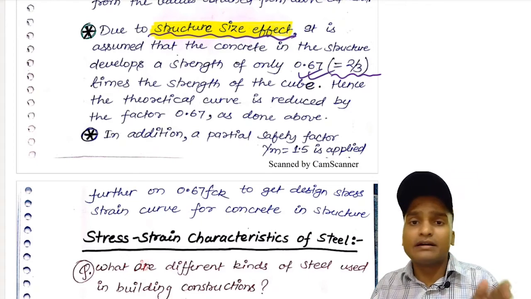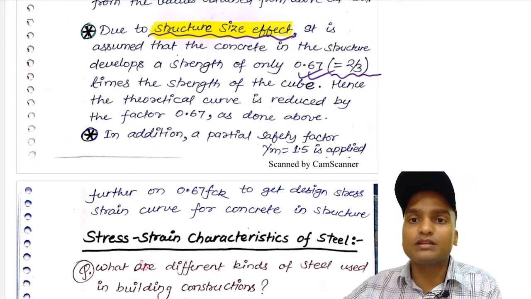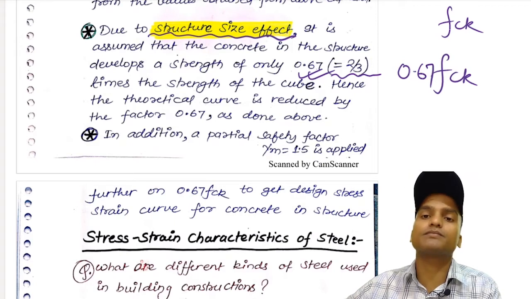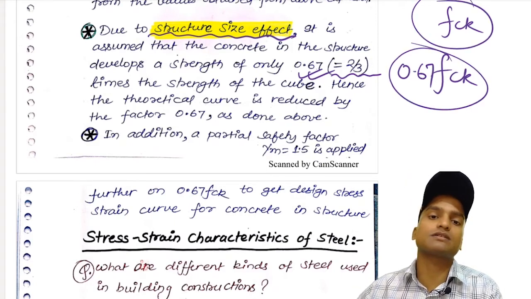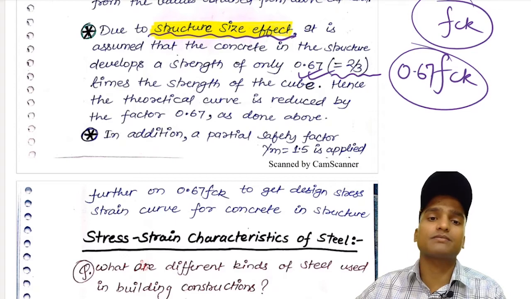So 2 by 3rd times the strength of the cube. If the strength in the cube is fck, then in the structure you will use the value 0.67 fck. So this is the difference in strength due to the structure size effect. Hence the theoretical curve is reduced by the factor 0.67.